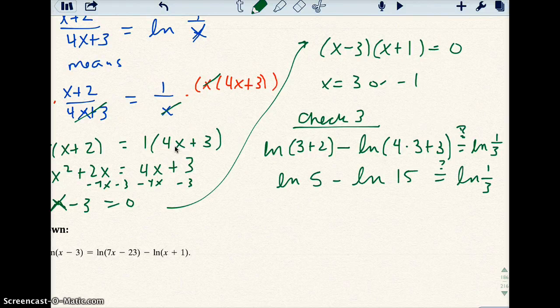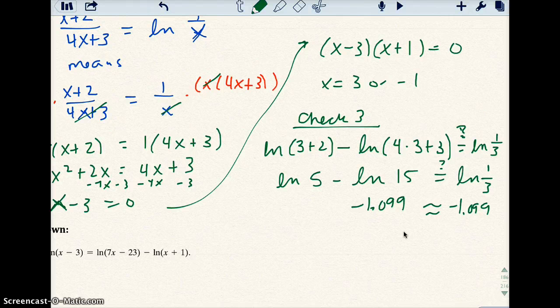There's a couple ways to do this. Since you have natural log, you can type natural log 5 minus natural log 15 and get a number in your calculator. And I get negative 1.099 approximately. And then the natural log of 1 divided by 3 is negative 1.099. So it looks like both sides are equal to one another.